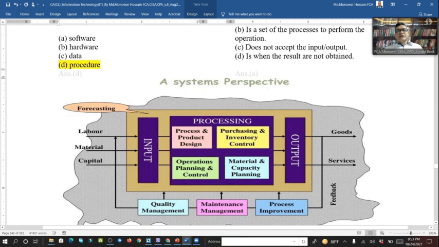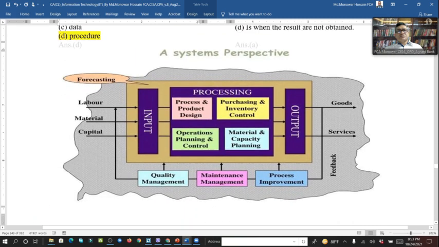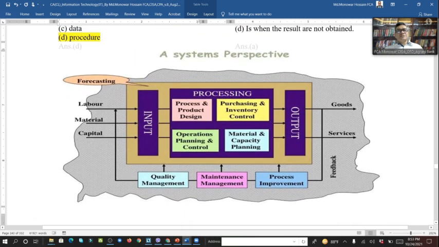If you see it from a system perspective, in the system there should be an input, a process, and also an output. So this is the basic logic within the system, and the system has feedback for proper utilization. For the input, if we go for manufacturing, the input would be material, capital, labor, etc., and the output can be goods or service.